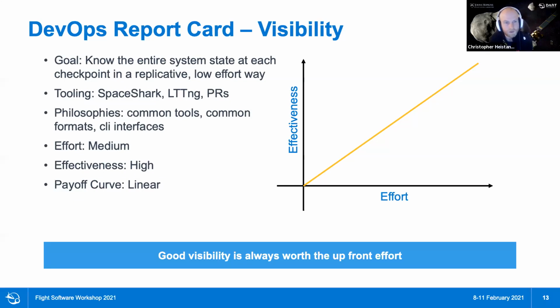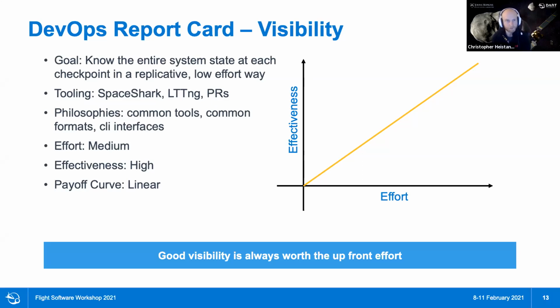The next tenet that I want to talk through is visibility. So understand the entire state of the system as well as possible, in a simple way, with low effort. Obviously there's a lot that's packed into that, but every complex system always benefits from increased visibility.